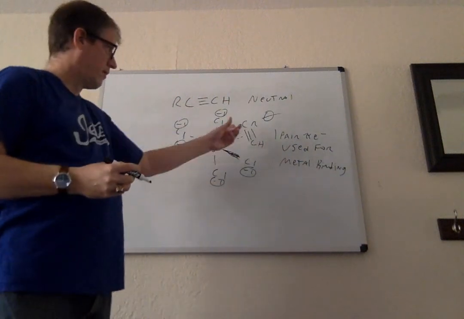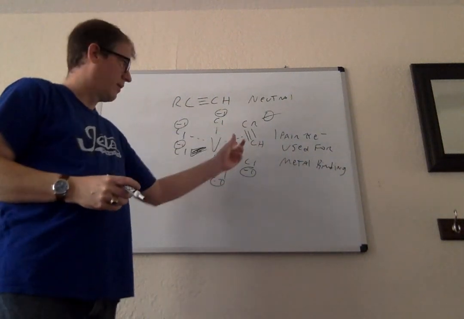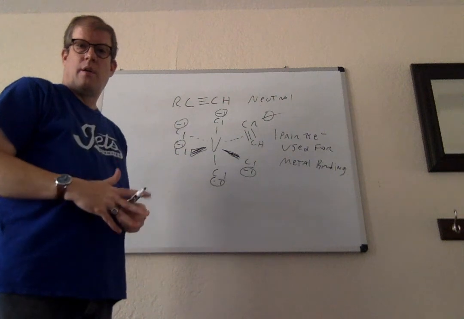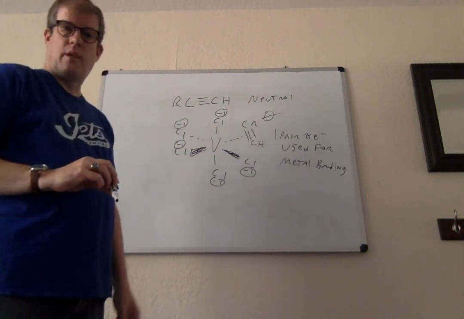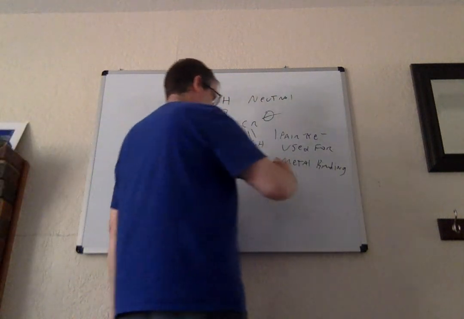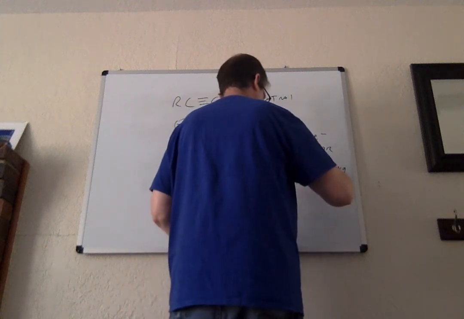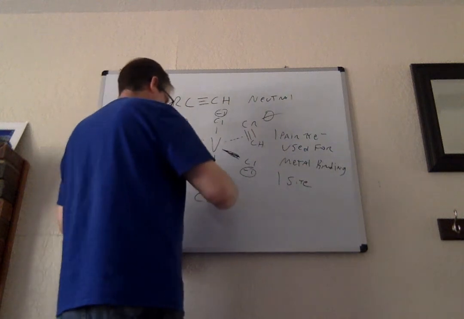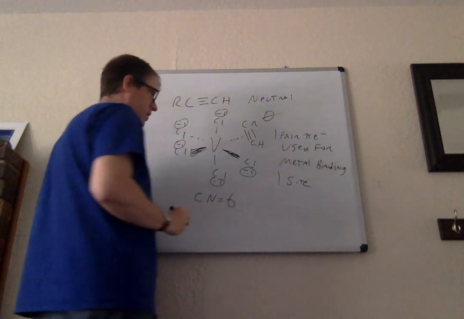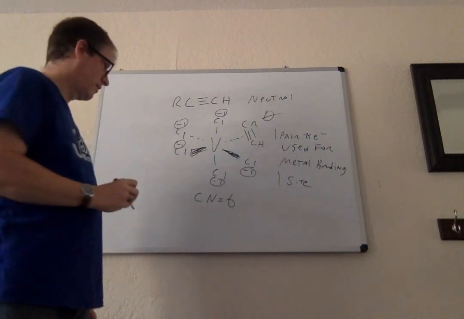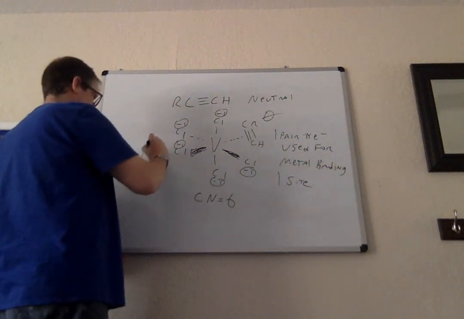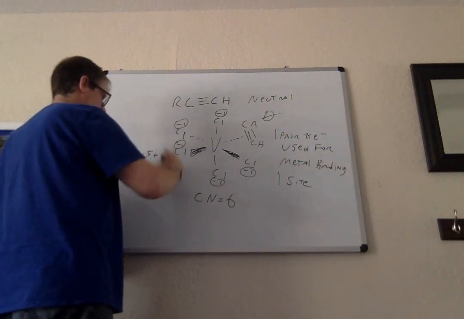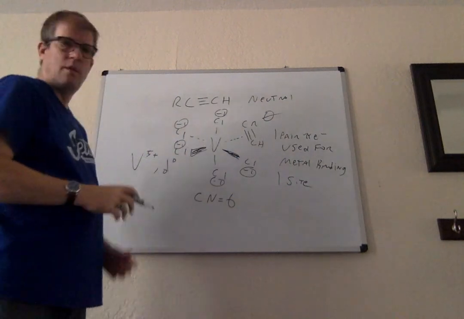The other one that's there, whichever one you want, the left-hand one or the right-hand one, doesn't get involved. And so it takes 1 site. Consequently, the coordination number of this complex is 6, and we have vanadium 5+, which is D0.